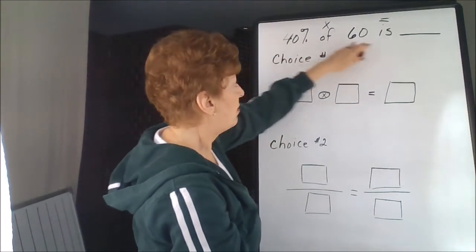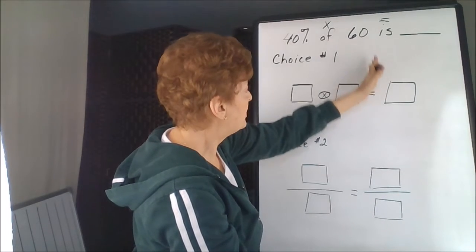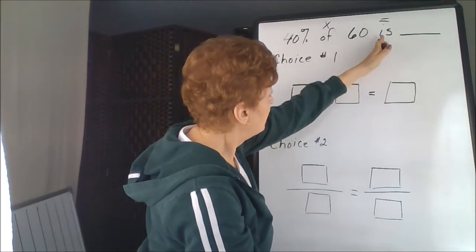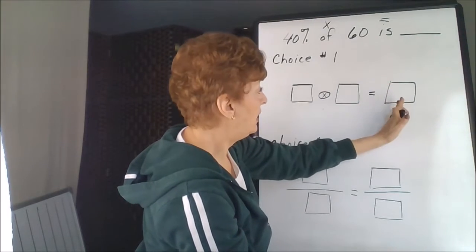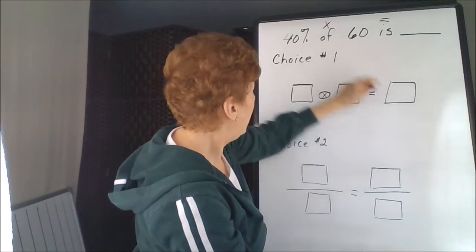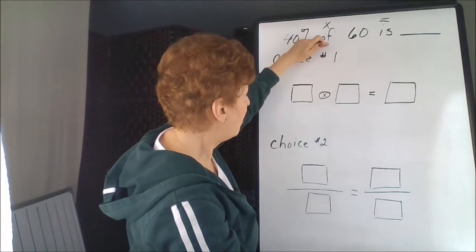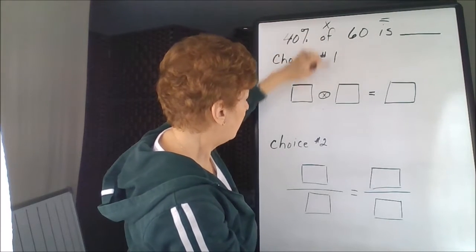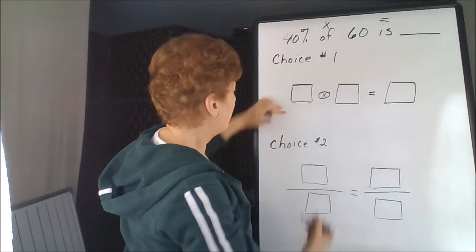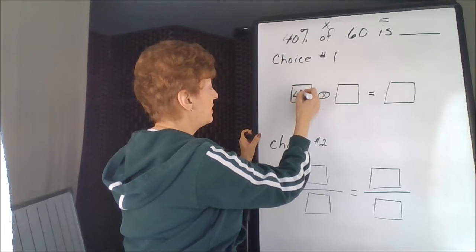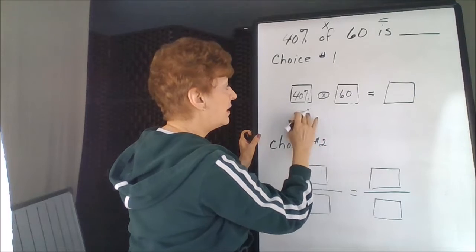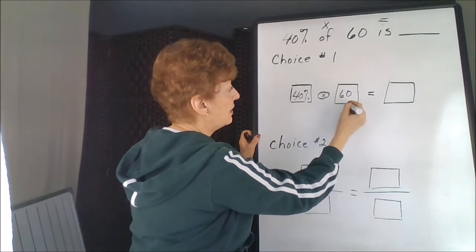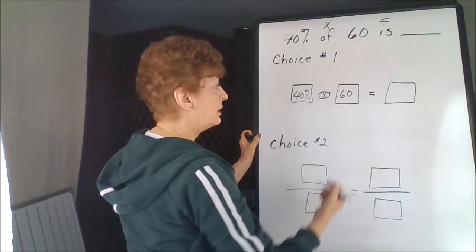So as our problem is set up here, it fits perfectly into this pattern. The is number would be in this position. And in 40% of 60, the of means times, so your 40% would drop into this box, and your 60 would be here. Then your calculation would be done in order to get your answer.